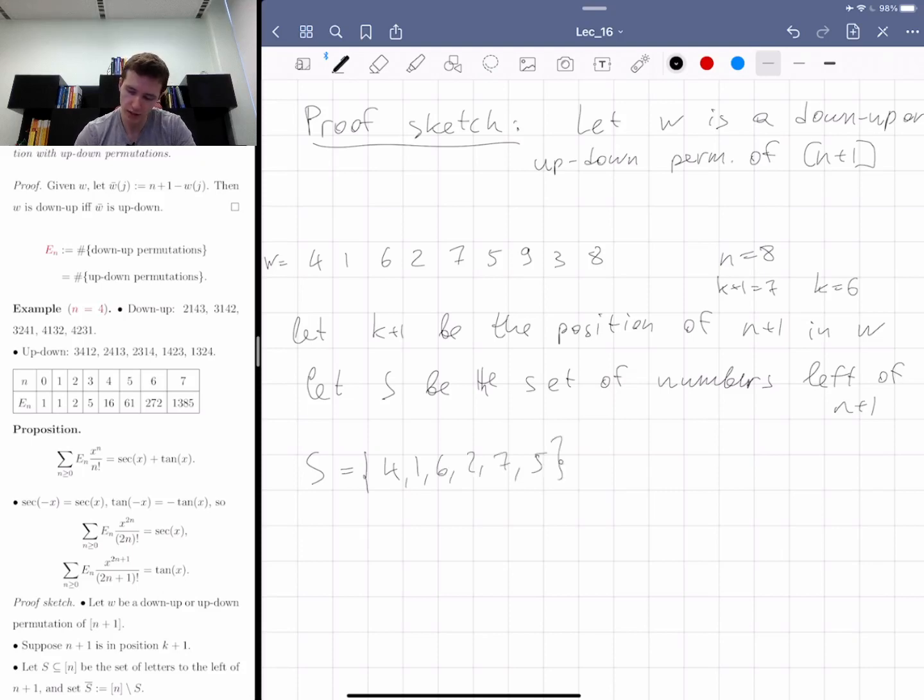And bracket n minus S, which I'm going to denote by S bar, is the numbers to the right of the n plus 1. So the n plus 1 is special. The numbers to the right, as I said, are 3, 8.